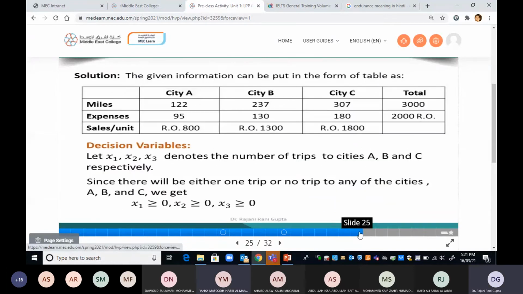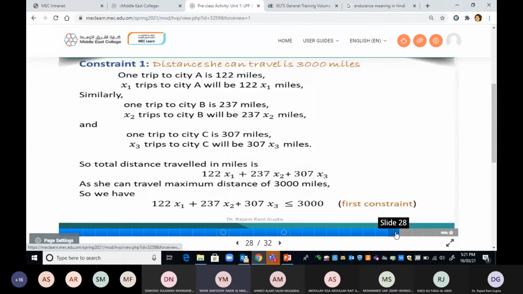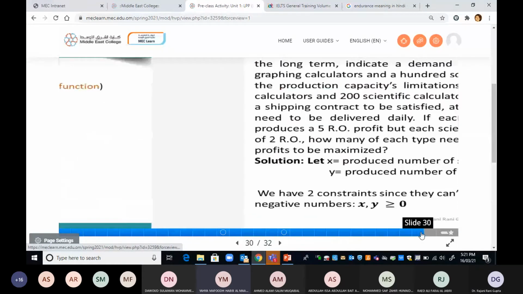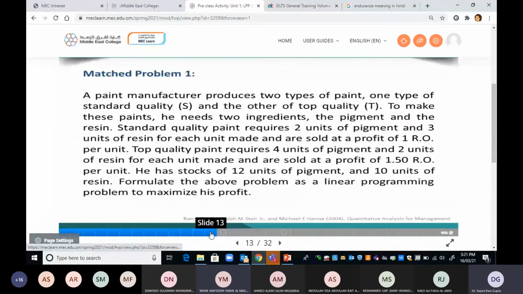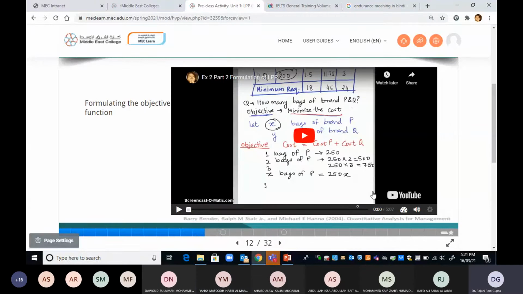When I start the solution from the first step, I do the table wrongly. This is the problem. In that case, come back to the video. I have prepared separate videos, like here.